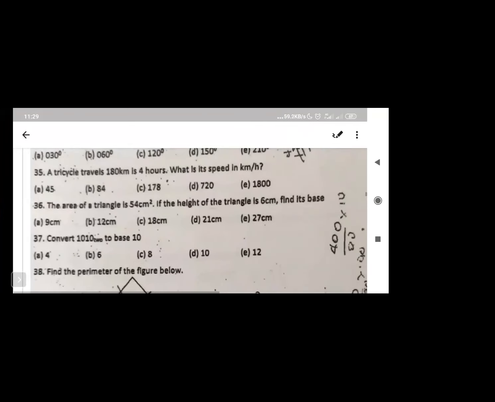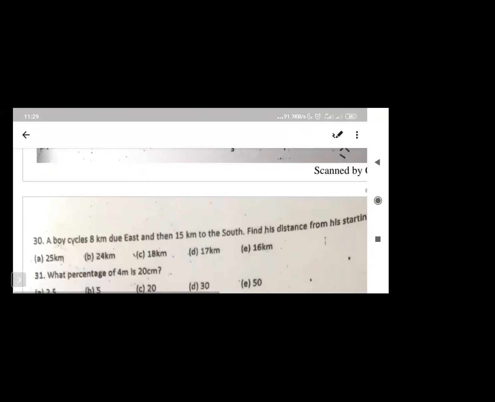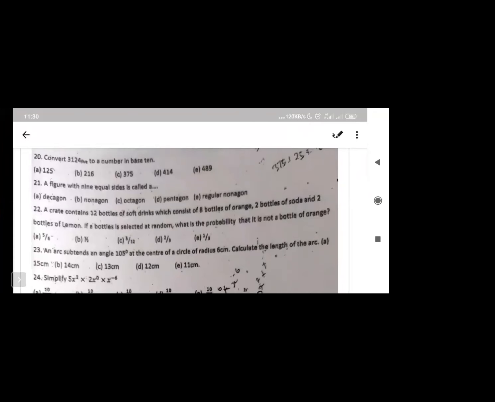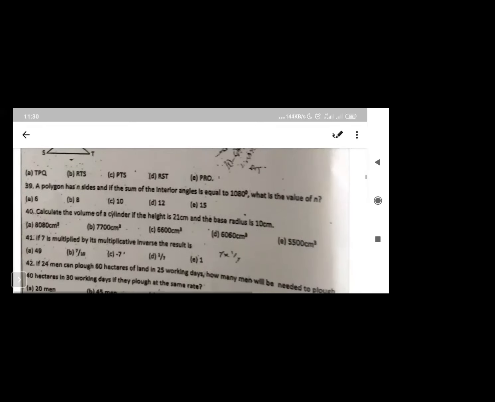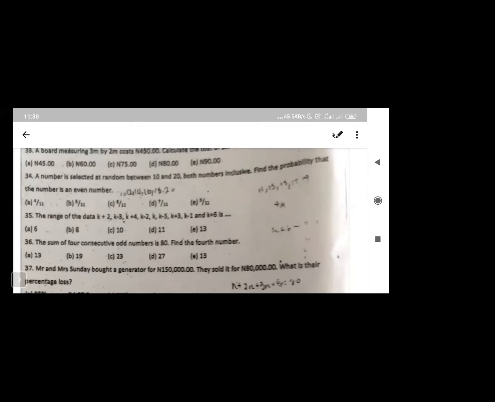I think there's no more word problem question. So possibly I expect your teacher to send some questions to you in the class. This is a little bit tedious for you. Okay, I think we have done this now.